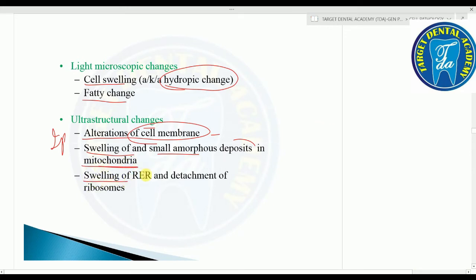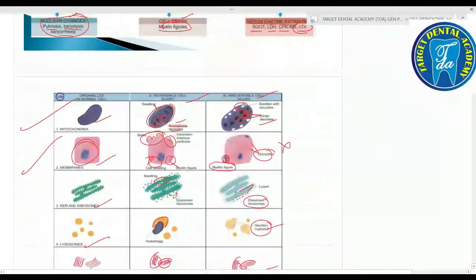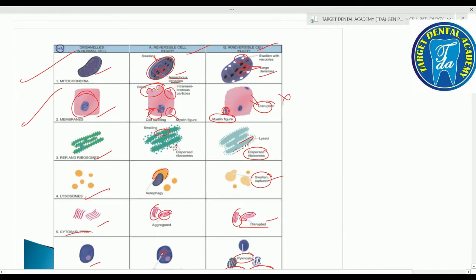There is a swelling of the RER and the detachment of the ribosomes. See, detachment of the ribosomes, as we have already seen in the diagram. There is dispersal or detachment of ribosomes and there is a swelling.